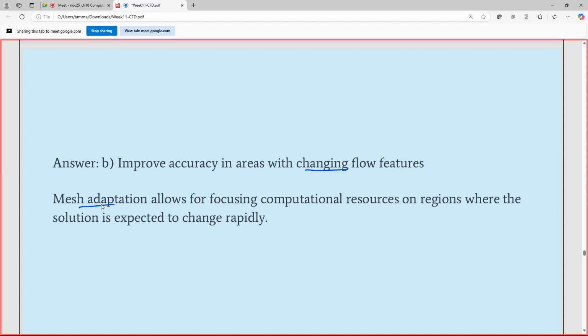Such areas will get refined, and other areas of lower importance will be coarsened. Such a method of mesh adaptation will help increase the accuracy in areas of changing flow features while optimizing the computational resources.